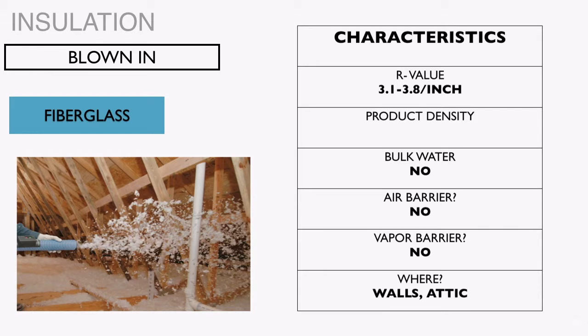Again, it depends on density, bonded or unbonded, but you're in that same range that we're seeing for our other typical blown-in or open-cell spray foam products, which is in the mid 3s, on average 3.5 per inch R value. However, as we've already discussed, it will not function to shed any bulk water. It certainly will not function as your air barrier, and vapor freely flows through it as well.